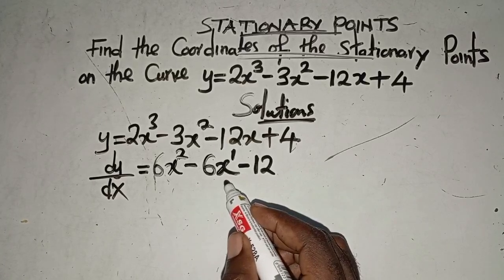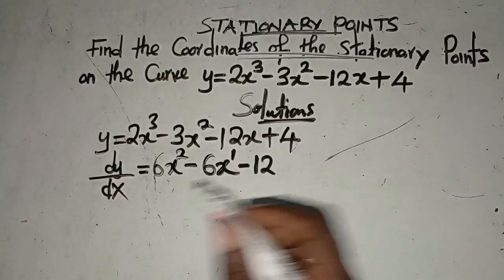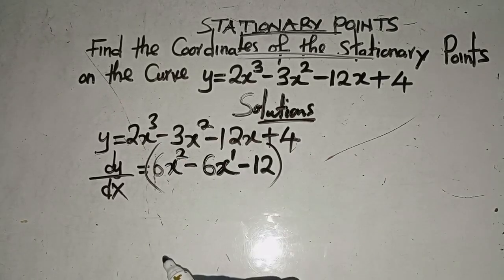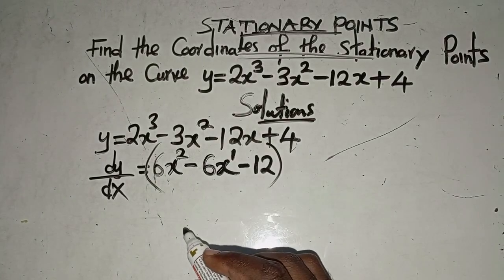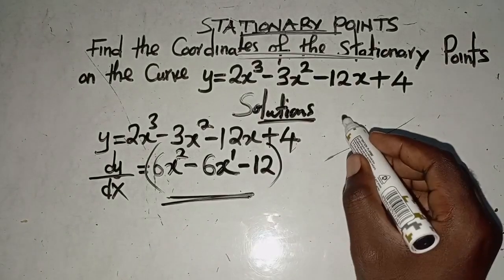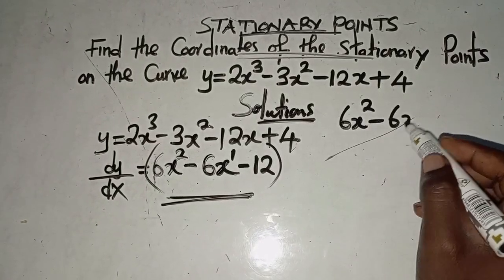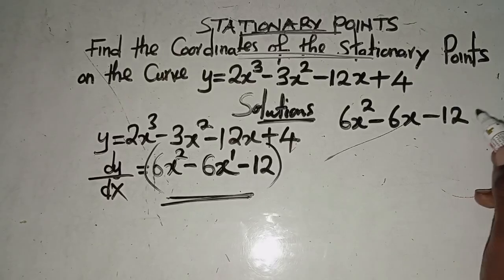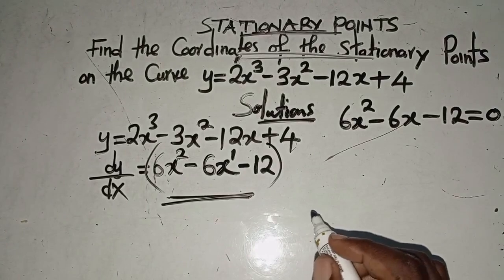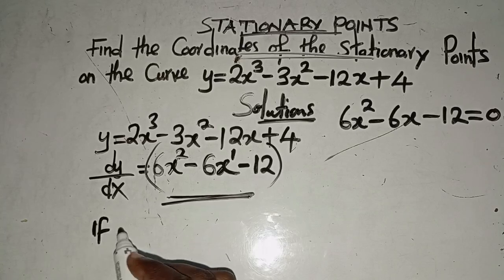Since I am asked to find the coordinates of the stationary points, I need to equate this equation to 0 so that I find the values of x. So I get this particular equation: 6x squared minus 6x minus 12 equal to 0.